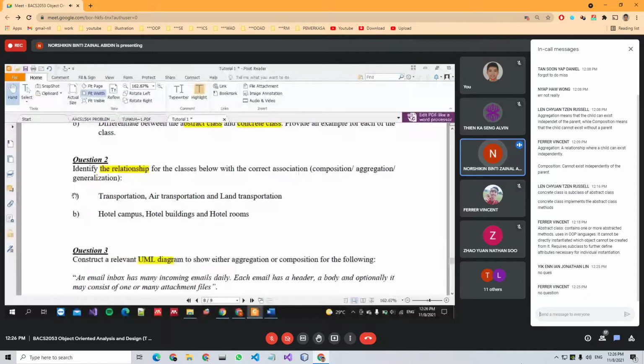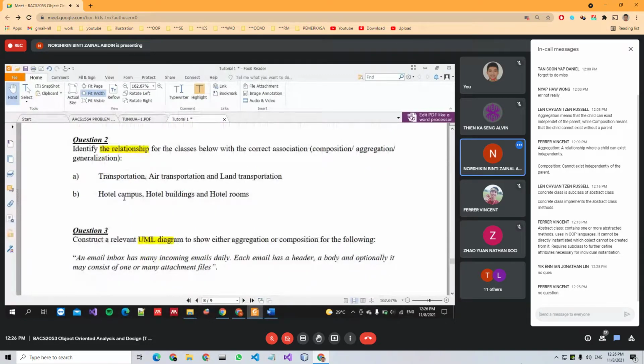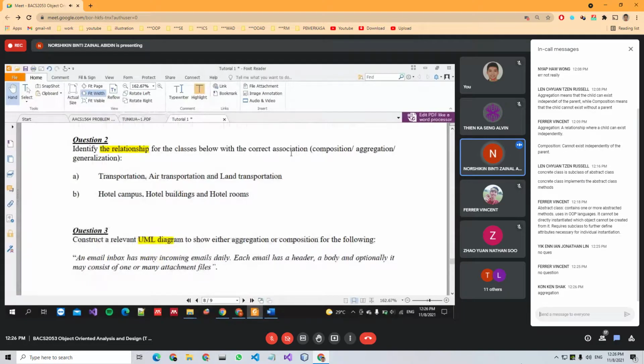Okay, for question number 2A, transportation. Question 2A, composition: transport, air transport and land transport.